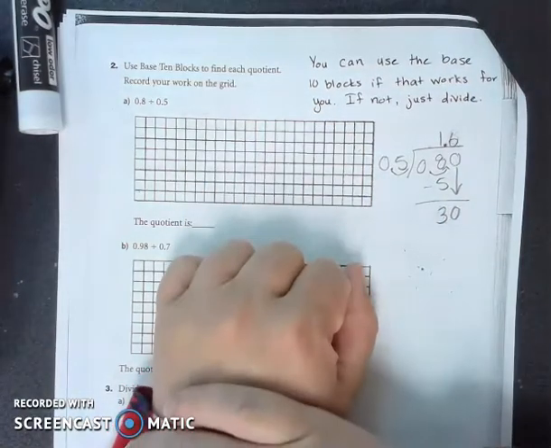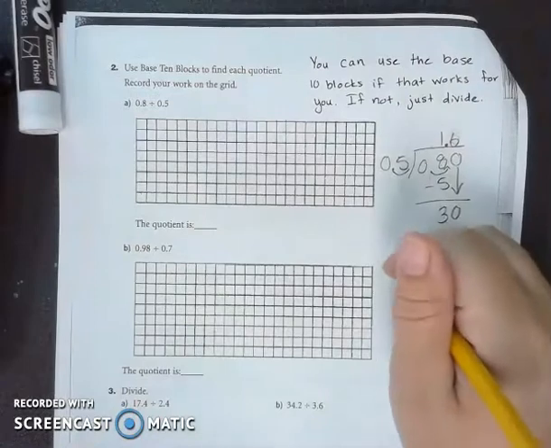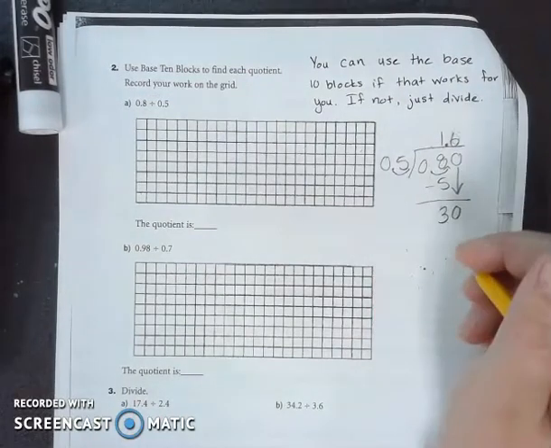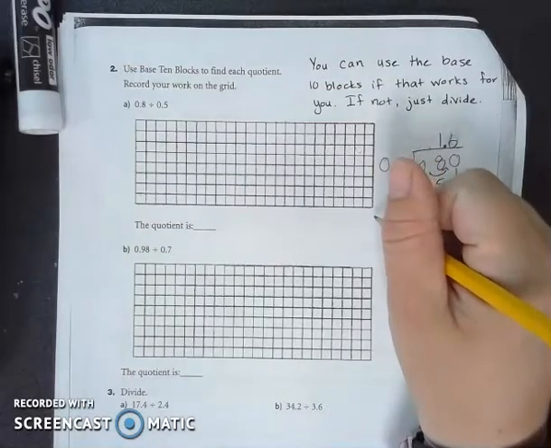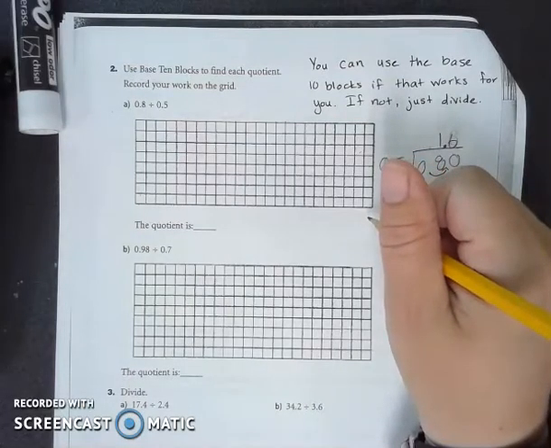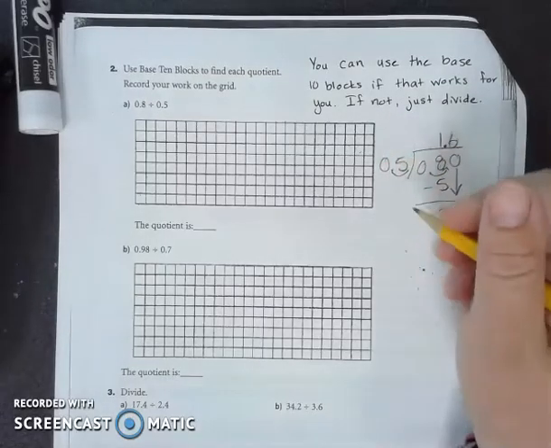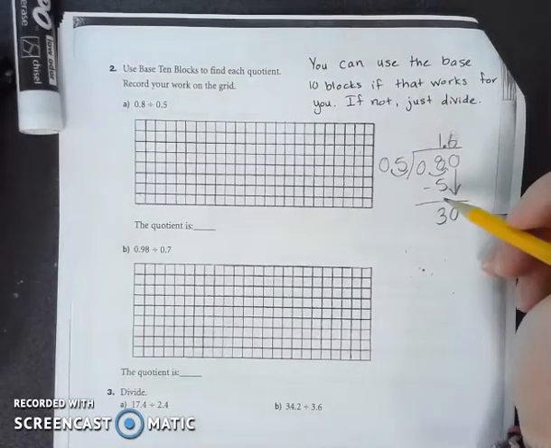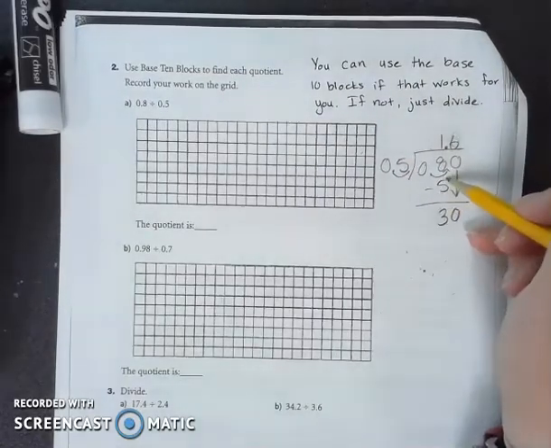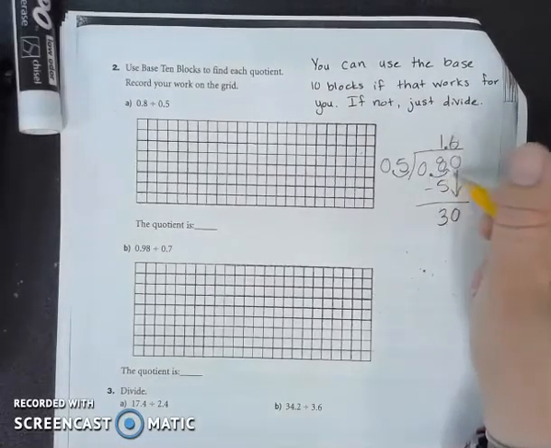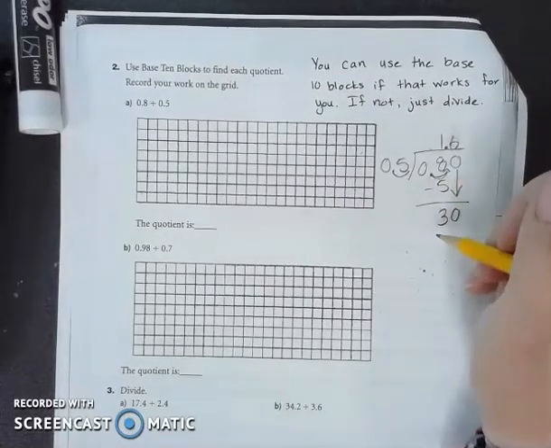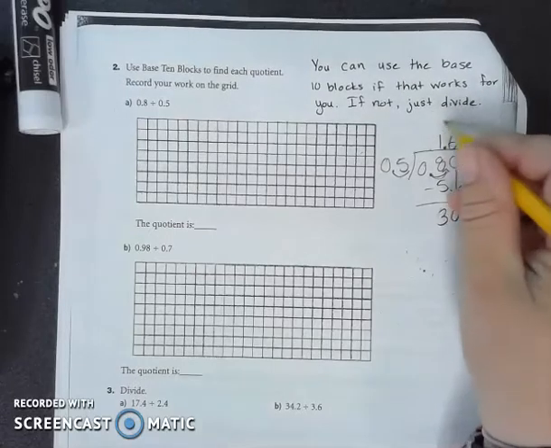Using front-end estimation, what I would do is I would say 0, or it would be 0 divided by 0, which is kind of silly. So that's why I'm really recommending doing this method, where it shows you exactly where the decimal should go. So it goes over 1, and then your answer is 1.6.